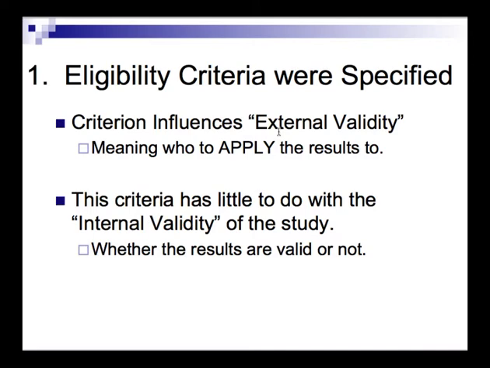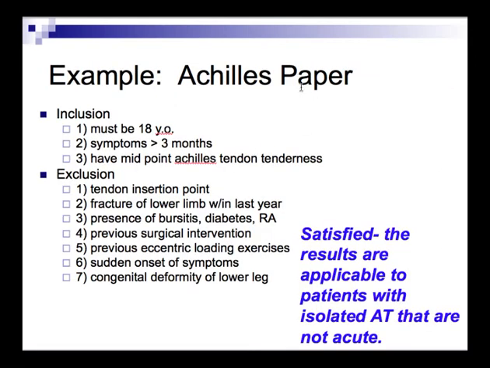And we can see here this is really asking us what the eligibility criteria were, so we would know what the results will apply to. So what people or individuals will the results apply to? And what you're going to look for in the paper to understand its external validity is the inclusion and exclusion criteria.